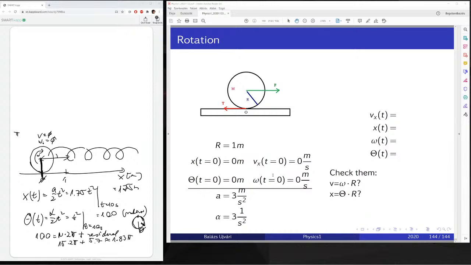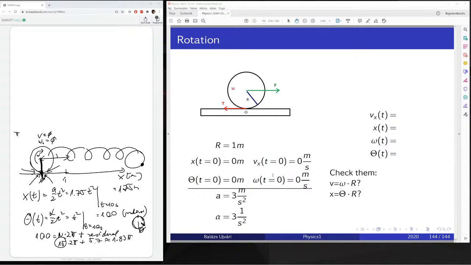So if you pick up this point, the original point where it touches the surface, at the end, after 10 seconds, this point will be somewhere here, after 15 full rotations.